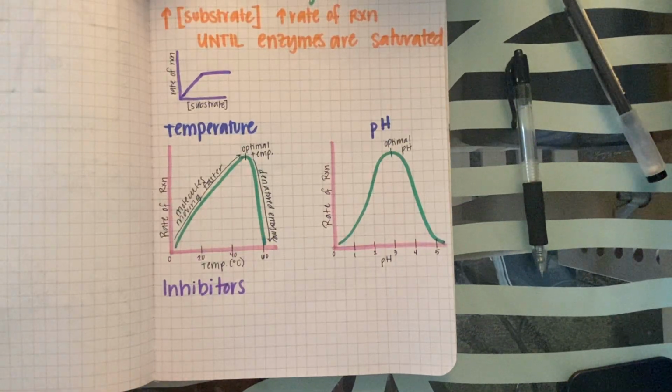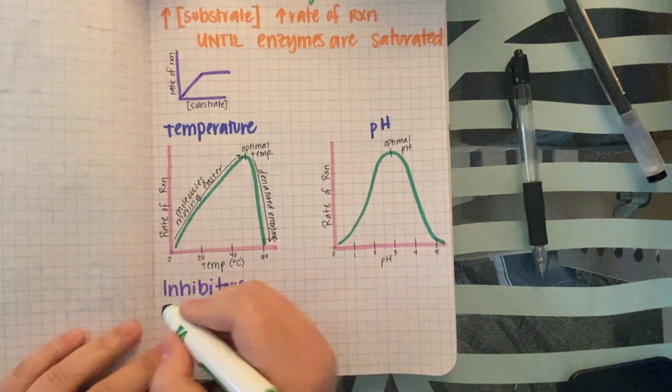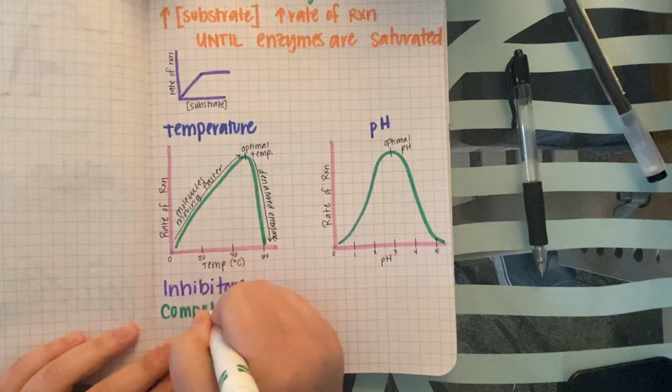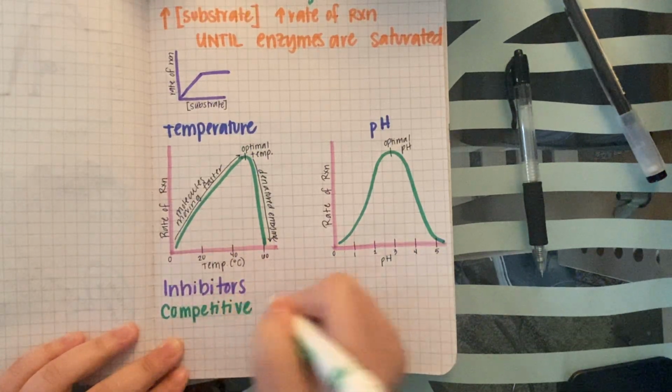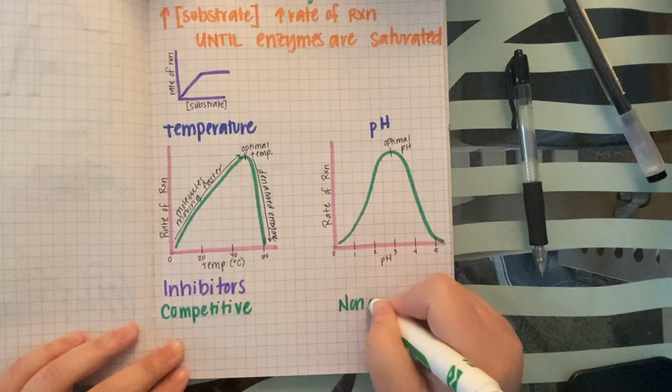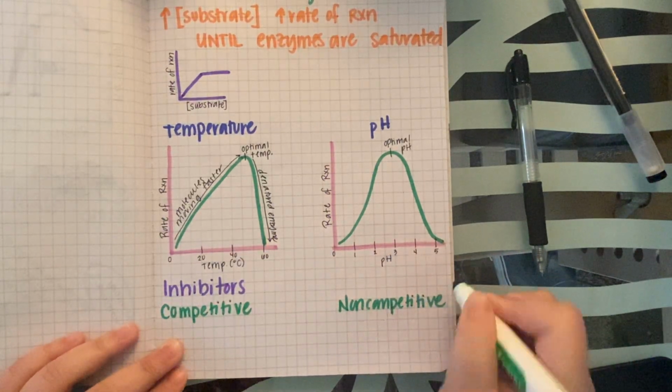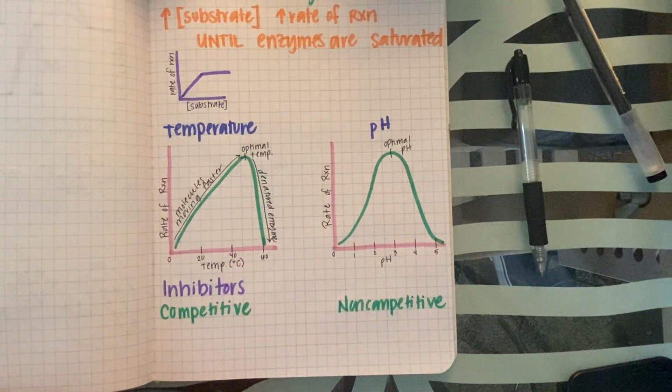In inhibitors, we have two types of inhibition. We have competitive inhibition and non-competitive inhibition. Both are turning off enzymes or rendering them non-functional.